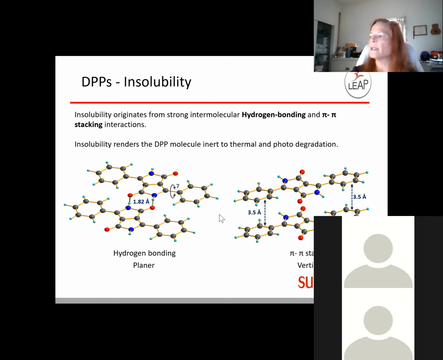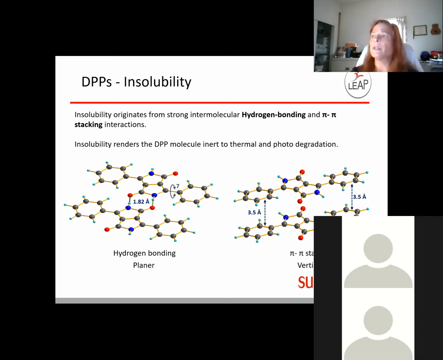The second area is in the vertical direction, the stacking of the molecules on top of each other. It's a very small stack, so that the crystal then is compact and tightly bound to each other, which renders that insolubility.